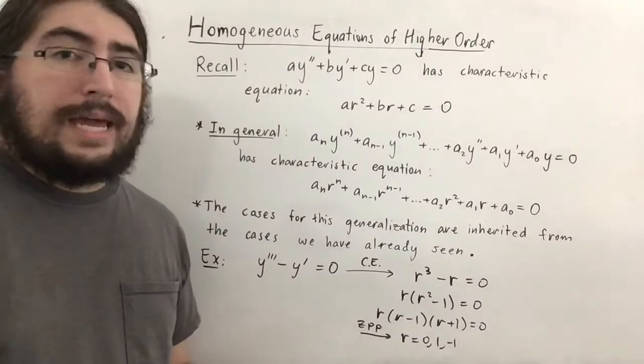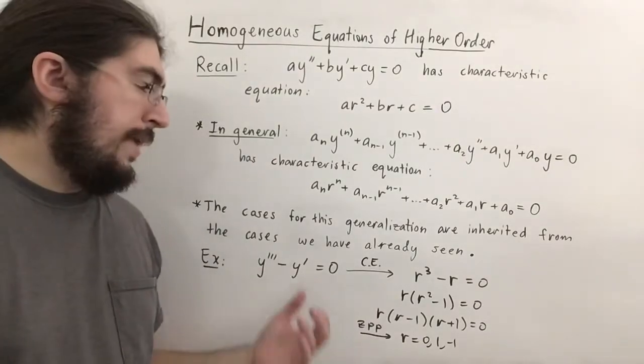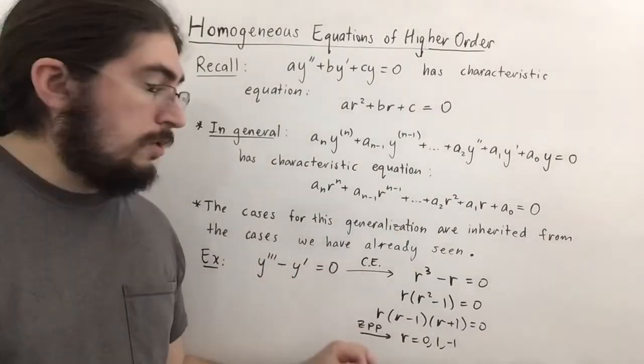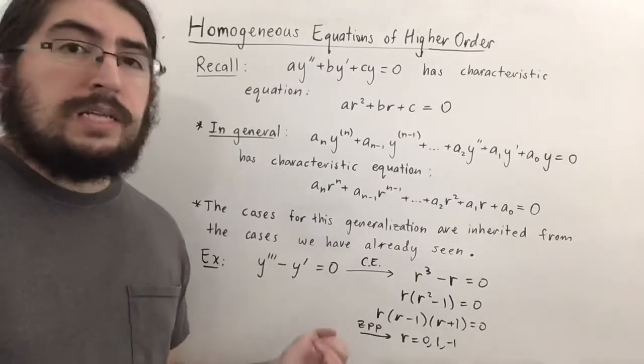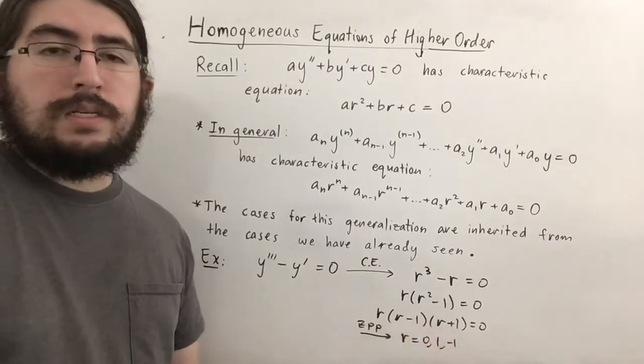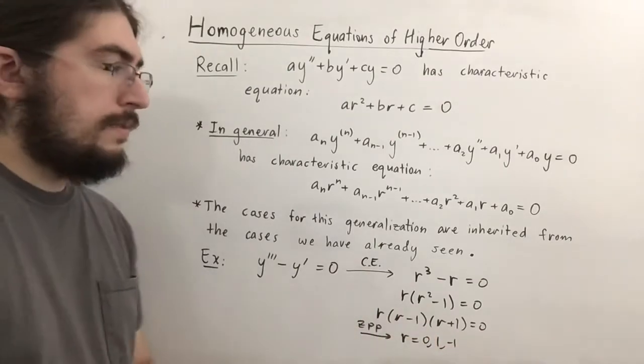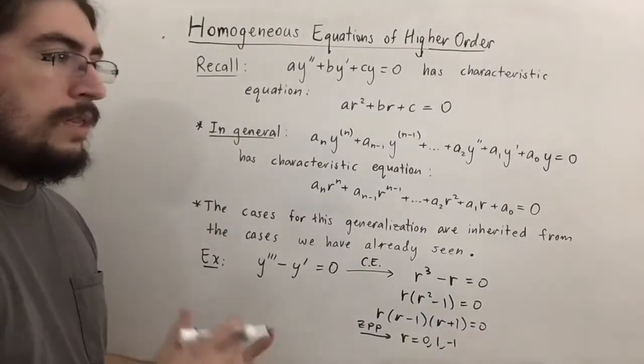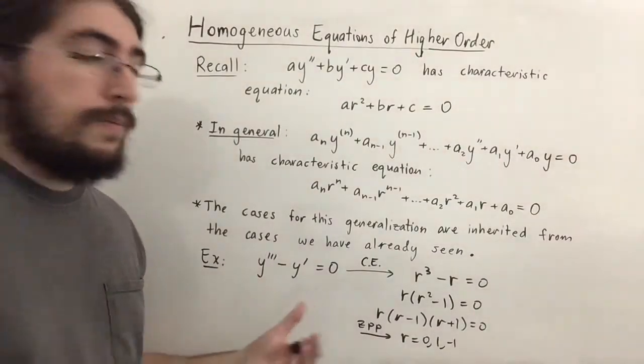Well, if you recall the cases we saw from the previous video, if you had distinct solutions like we do here, that means for each solution, you have a constant times e to these solutions times x. So any linear combinations of those will actually be a solution.